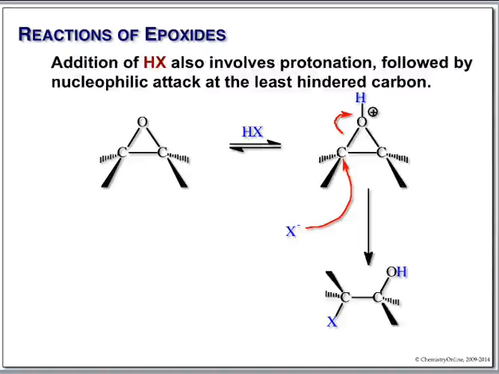Again, it's backside, SN2, and we remake our halohydrin. In the presence of a strong base, we'd make alkoxide, and it would go backwards, wouldn't it? So exactly the same reaction. Any questions?